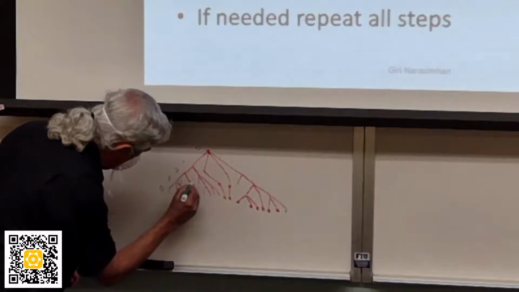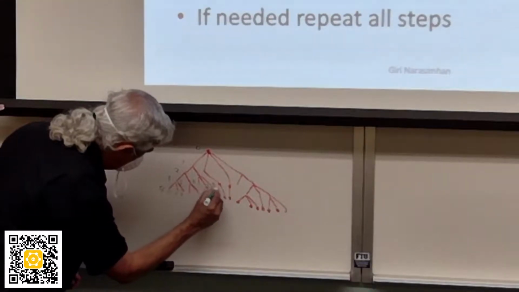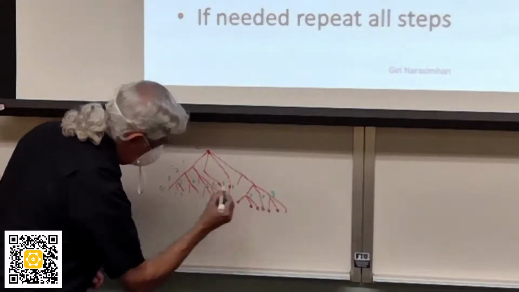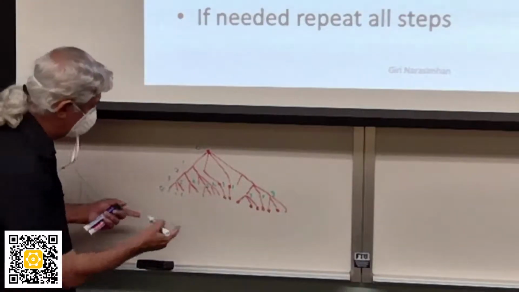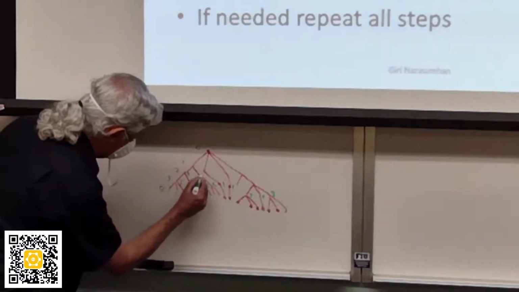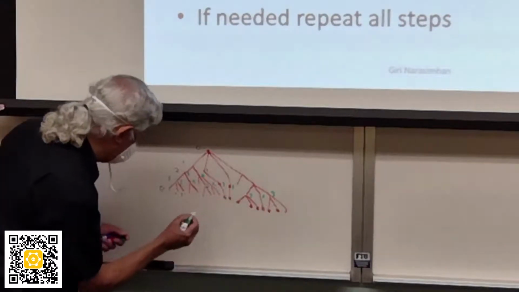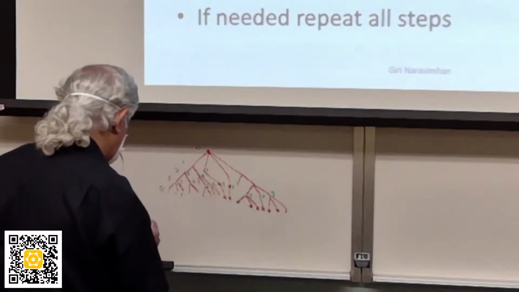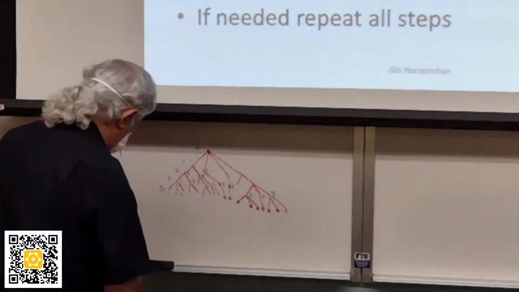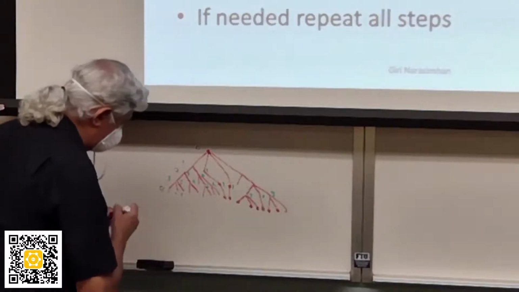This is 3, this is 2, this is 2, this is 2, this is 1, 1, 3, 1, 3. That's what I have. I'll move that information up. This would become 5. This would become 4. This is 1. Oh, am I missing? Do I have one less vertex there? Yeah, I need to put in one extra vertex there.